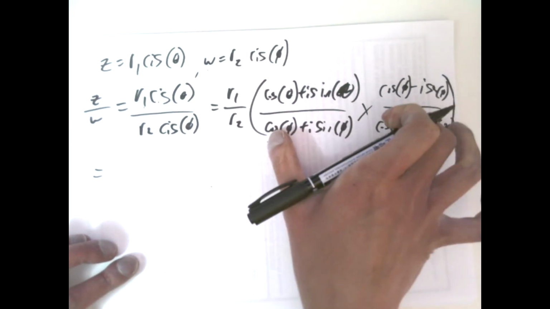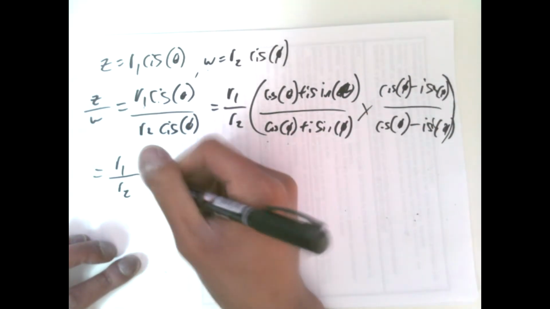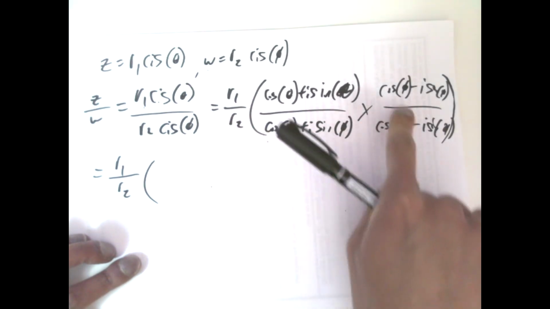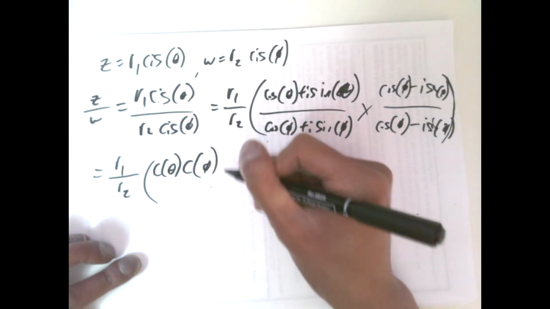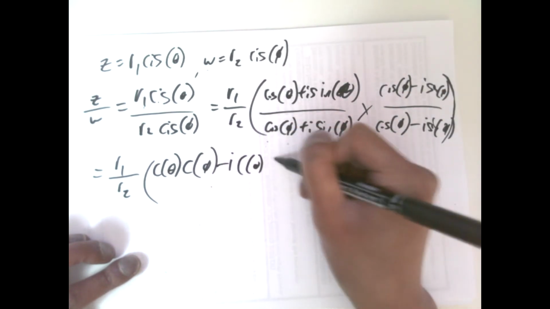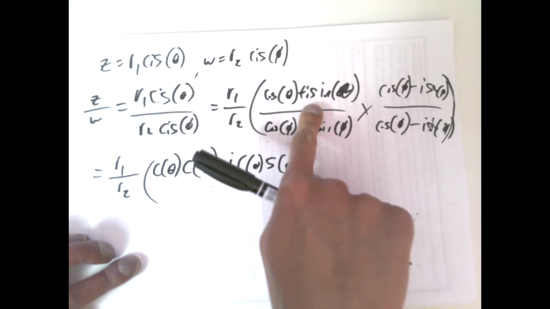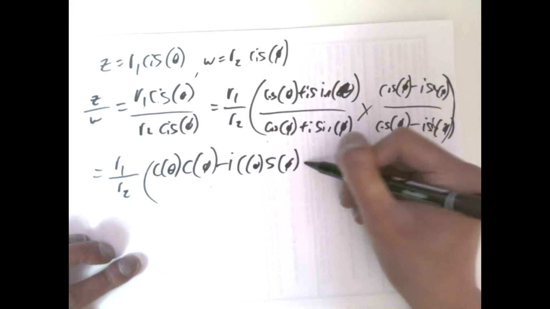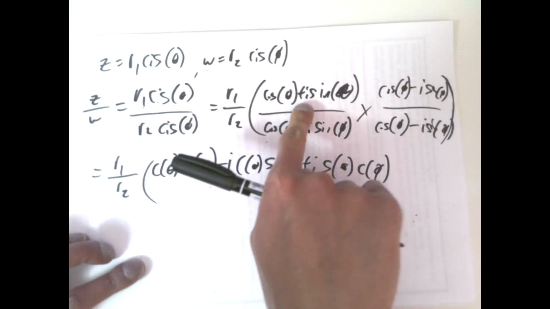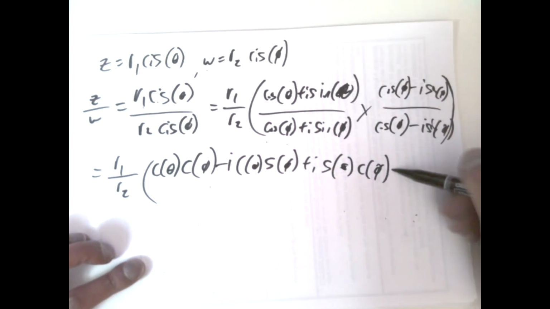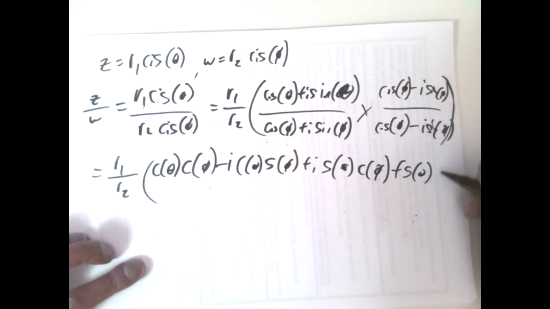So we multiply top and bottom by cos phi minus i sine phi. We get cos theta times cos phi, minus i cos theta sine phi, plus i sine theta cos phi, and i sine theta times minus i sine phi is going to be plus sine theta sine phi.